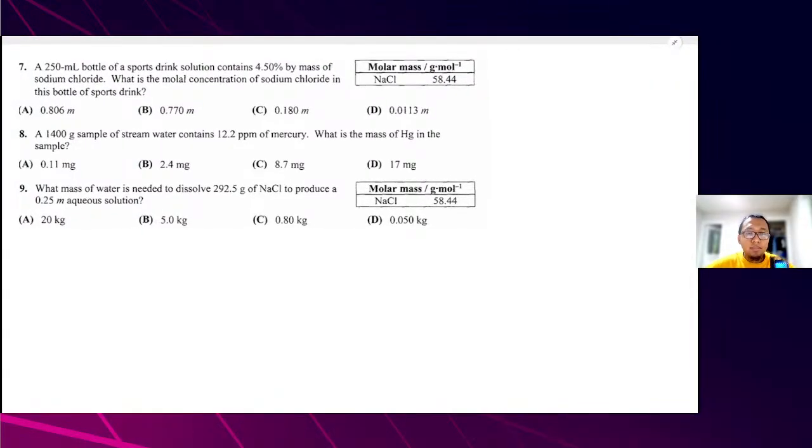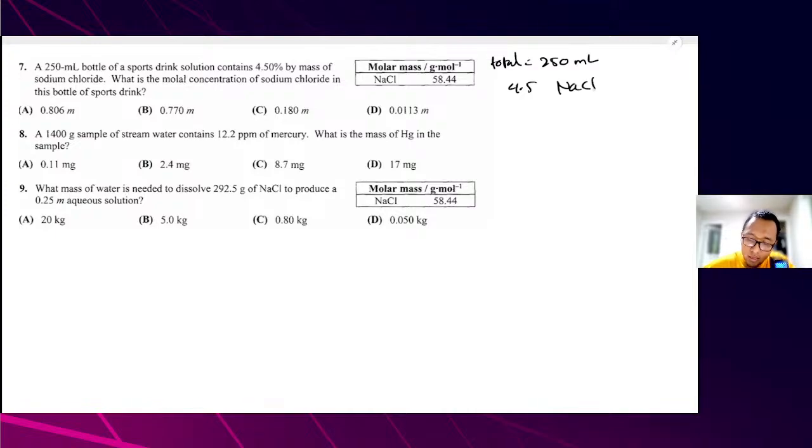So now let's take a look at number 7, 8, and 9. Again we are facing the same thing. A 250 milliliter bottle of sport drink solution contains 4.5 mass of sodium chloride.